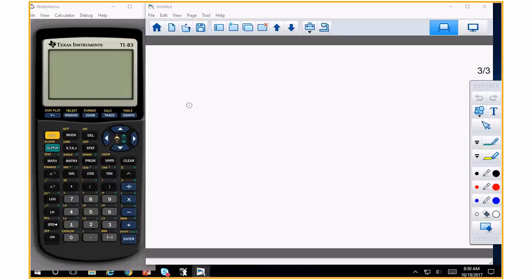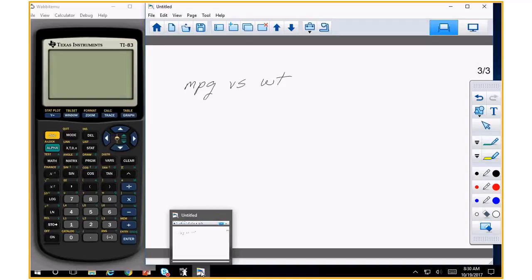So, how about MPG versus weight of a car? Is there a correlation? What kind of correlation? Well, let's just make up a graph.